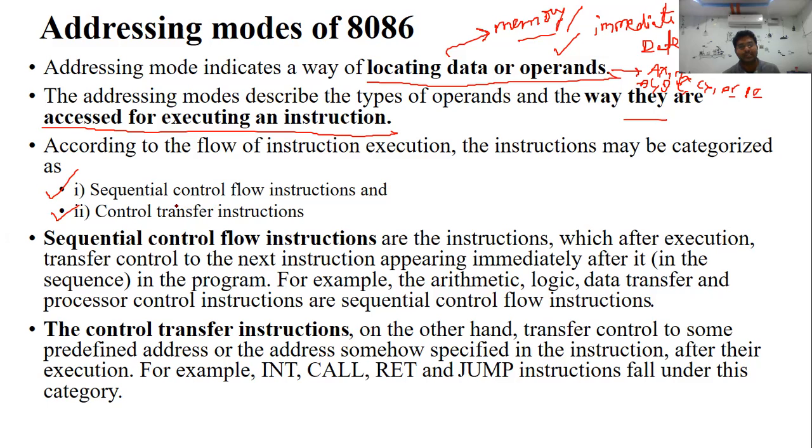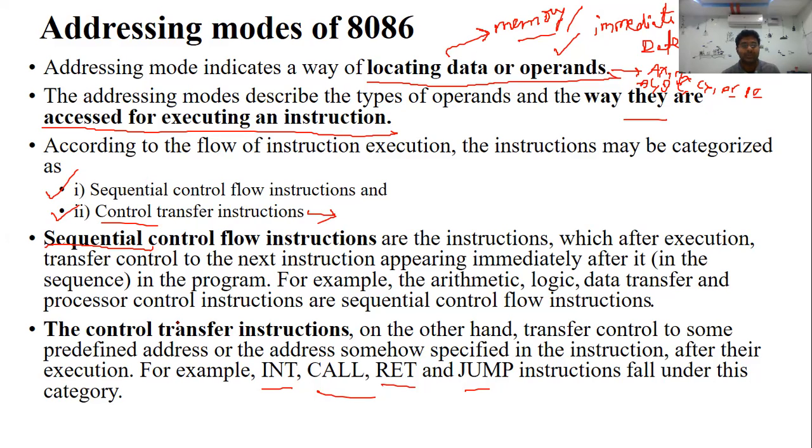Sequential control flow means instructions executed one by one, like move, add, subtraction, multiplication, push, and pop instructions.